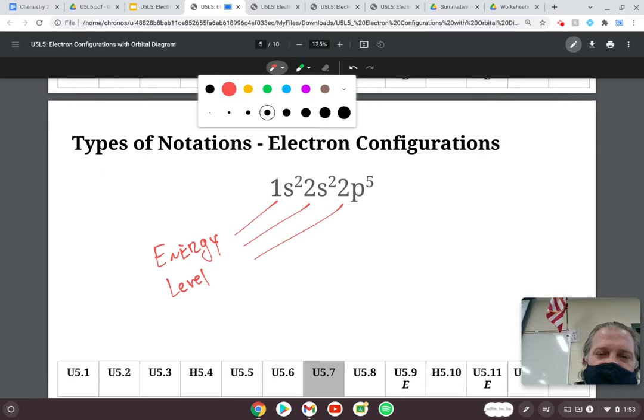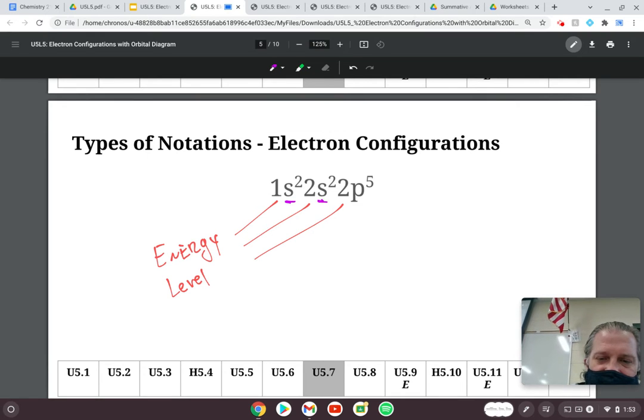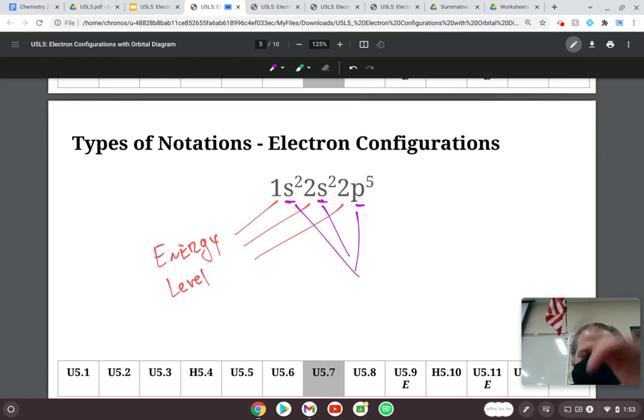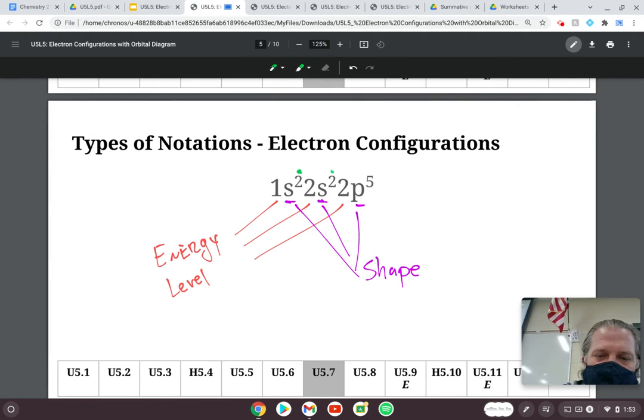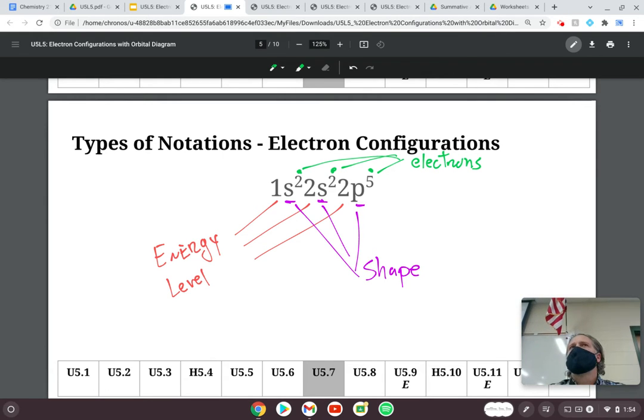The letters, which are all lowercase, the s and the p, are the shape. And then the superscript numbers are the electrons. So that's what we refer to as the electron configuration.